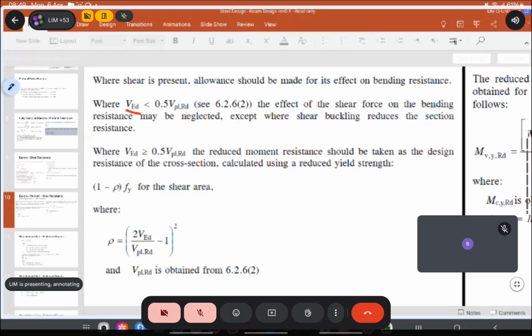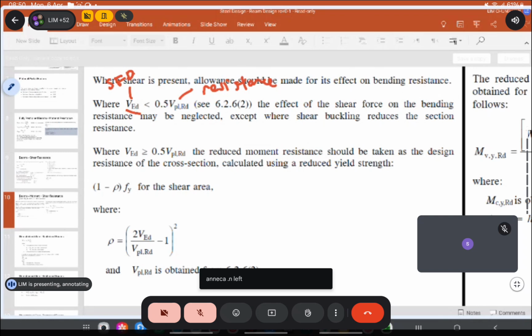However, VED is from the SFD, the shear force diagram. VPL is the resistance. Both of these you learned how to calculate from the earlier slide. So if the shear force is less than 0.5 of the shear resistance, or in other words, 50% of the shear resistance, you can ignore this issue.